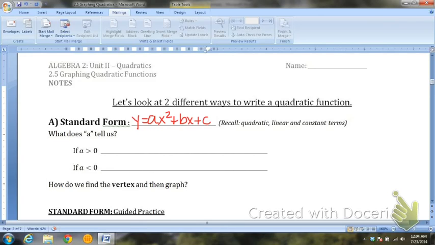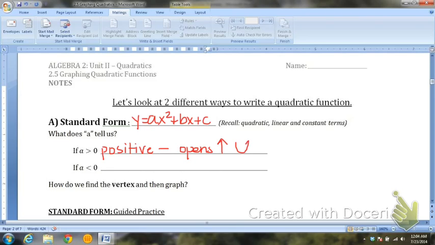I talked about this a little bit on the previous page, but remember, what do we know if we know that a is greater than 0? Well, if a is greater than 0, that means it's a positive number. If it's a positive number, the graph opens up, right?